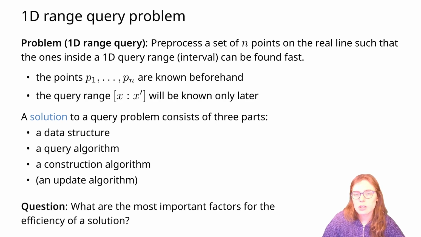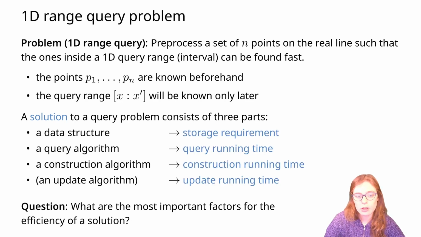So which of these parts are more important to concentrate on when designing a solution? Well, for the data structure part, we are interested in the storage requirement, how much space this data structure takes. For the query algorithm, we're interested in how fast the query runs, so the running time of the query algorithm.